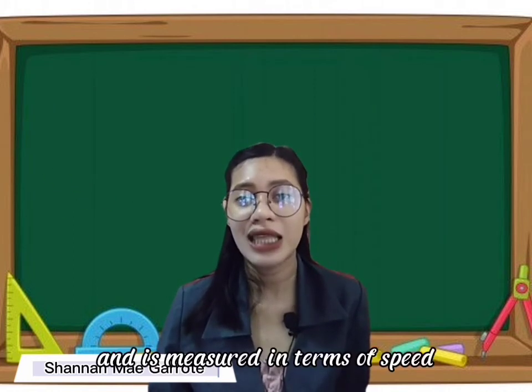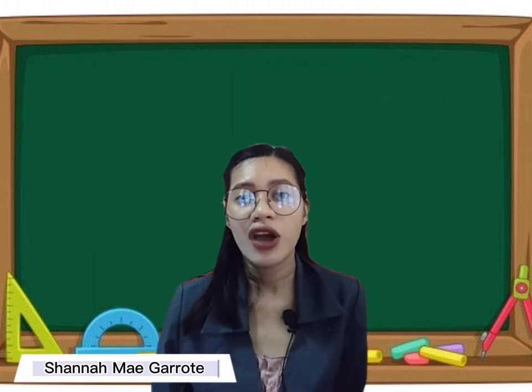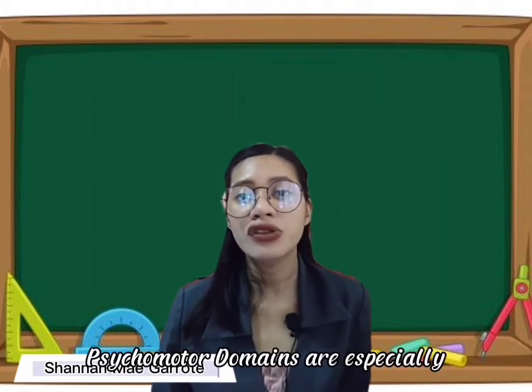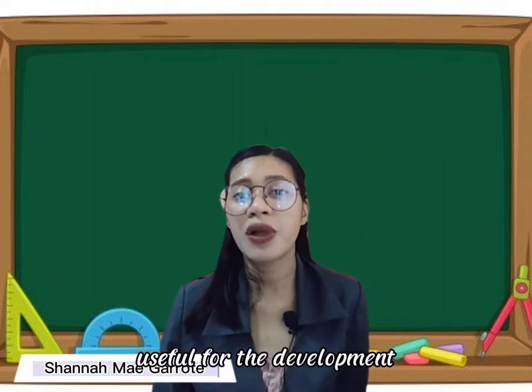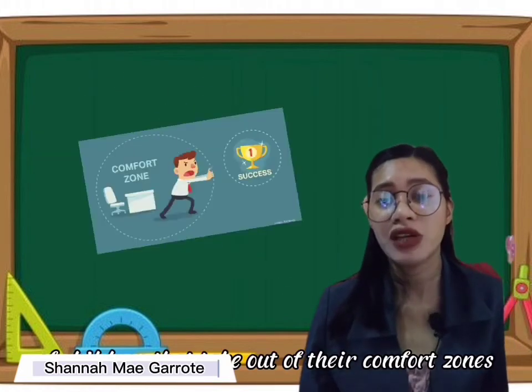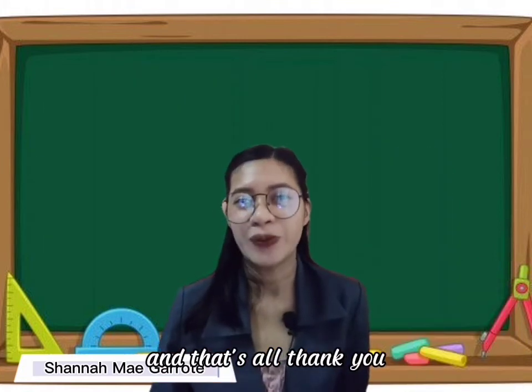Development of these skills requires practice and is measured in terms of speed, precision, distance, procedures, or techniques, and execution. Psychomotor domains are especially useful for the development of children, taking them out of their comfort zones. And that's all. Thank you.